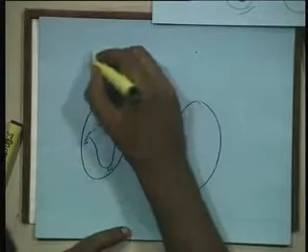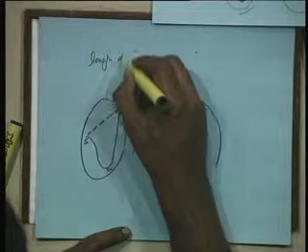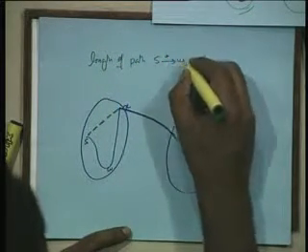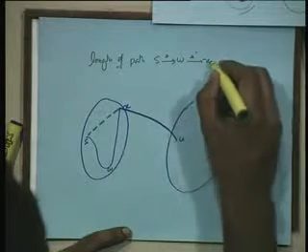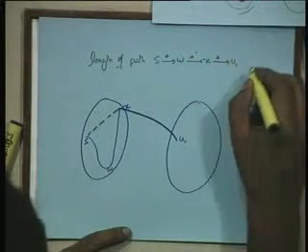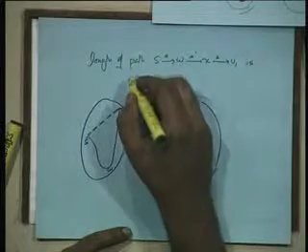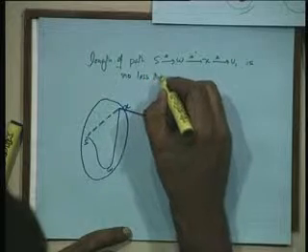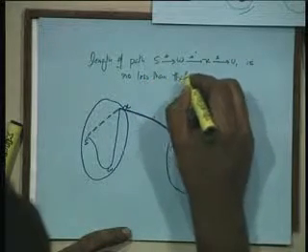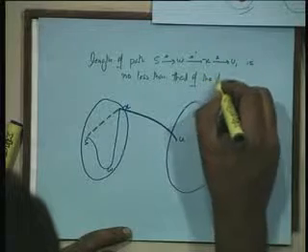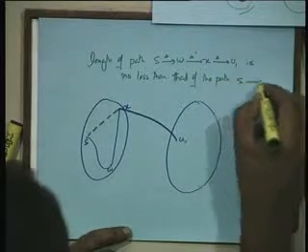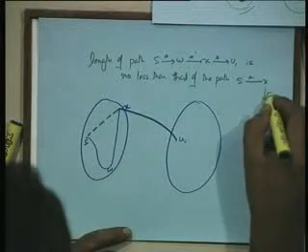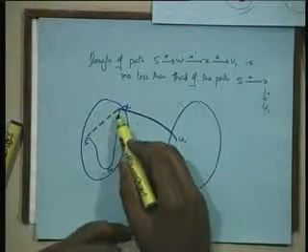So let me write that down. Length of path S to W to X to U1 is no less than that of the path S to X to U1, where what is the path from S to X I am taking?